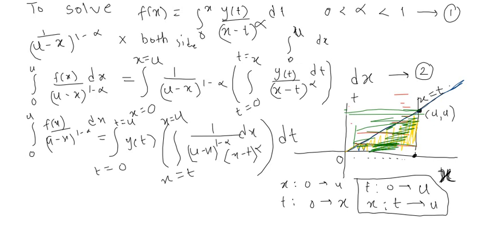So this is the new equation that we have. Now we will have to calculate this integral, and then we will try to find out what this y of t is. So let us first simplify this integral I, whatever is there inside the bracket.